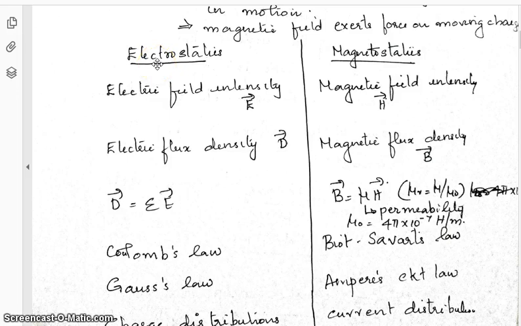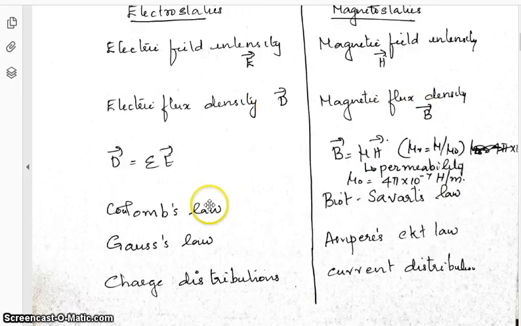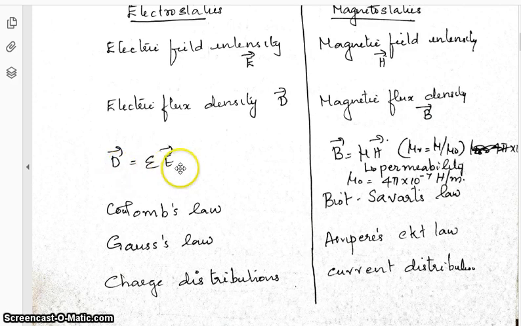This is a comparison between electrostatics and magnetostatics. Electric field intensity is E, magnetic field intensity is H, electric flux density D, magnetic flux density B. The relation connecting flux density and electric field intensity is D equals epsilon E. Similarly, here also there is a relation connecting B and H. This is also important.